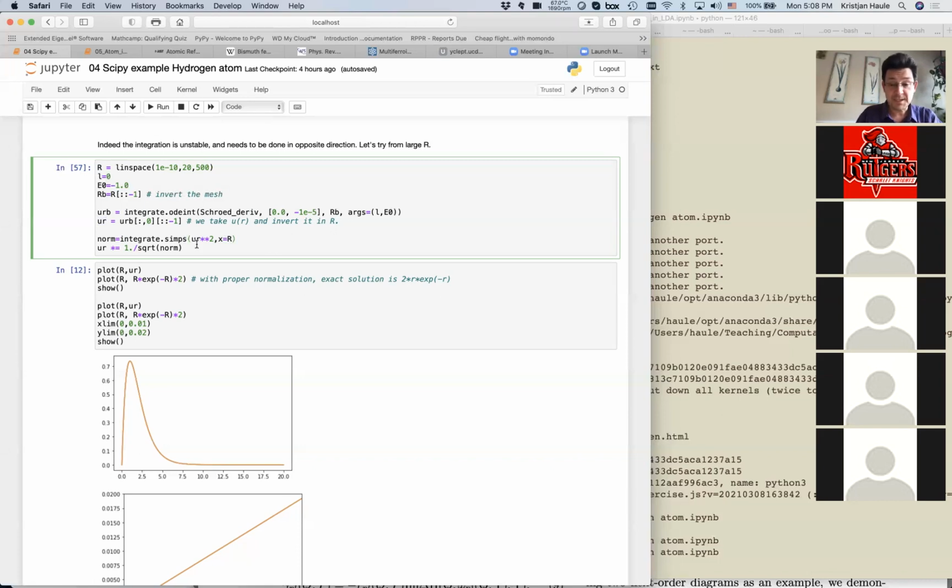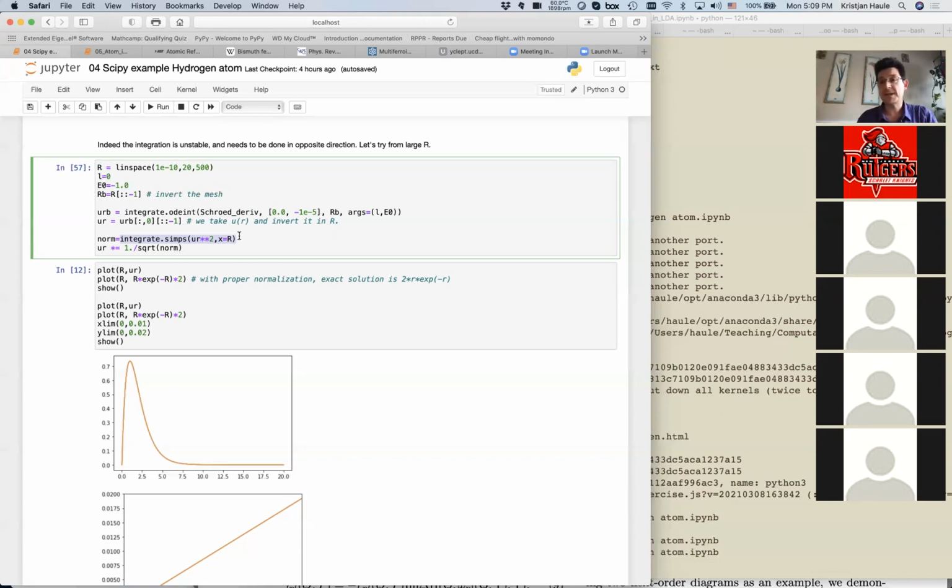And it's a good idea to check what are the best numerical methods for this case. And you can see that the trapezoid rule is one which is not advisable to use, because the trapezoid rule has an error of order h squared, so the second order error. The Simpson rule has, I think, fourth order error, and it's pretty good.